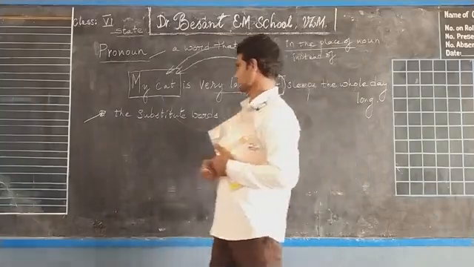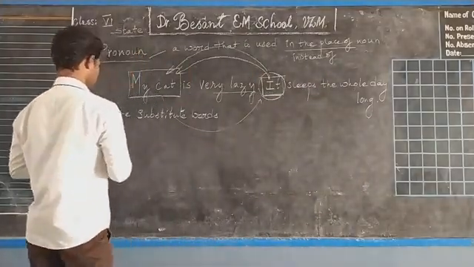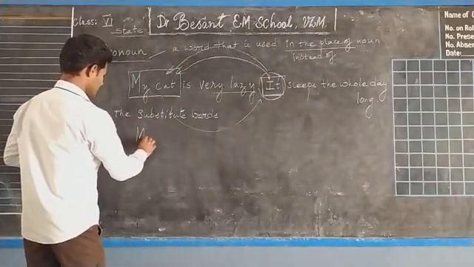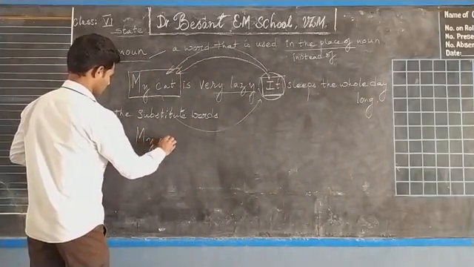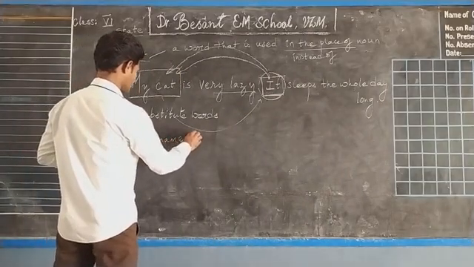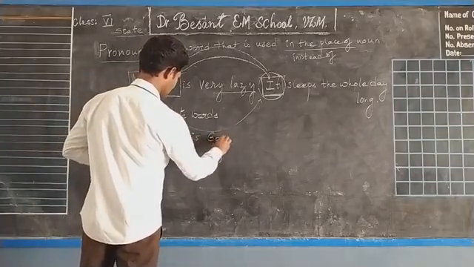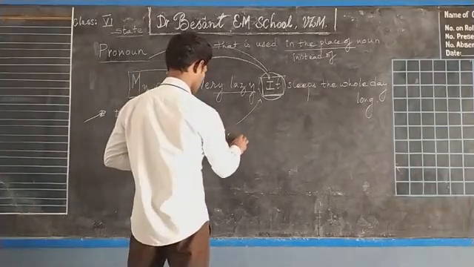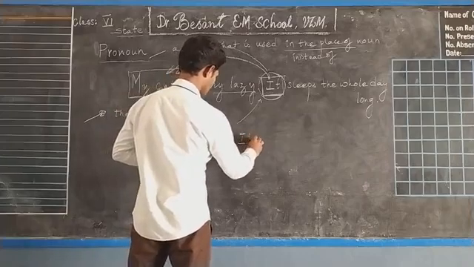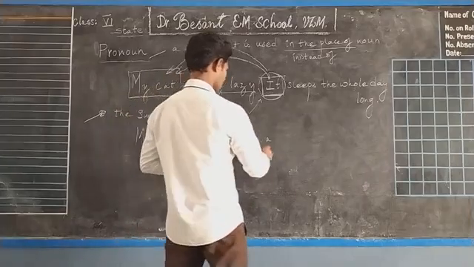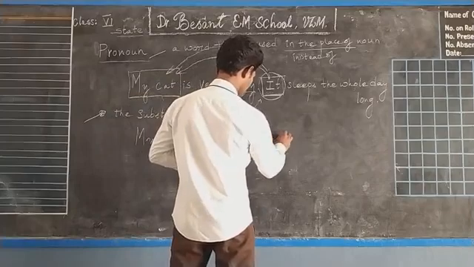One more example. My name is Gopal. My name is Gopi. I am an Indian.